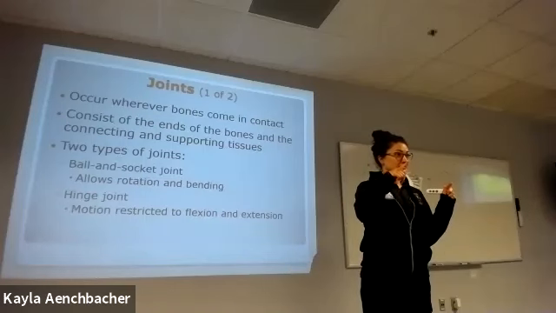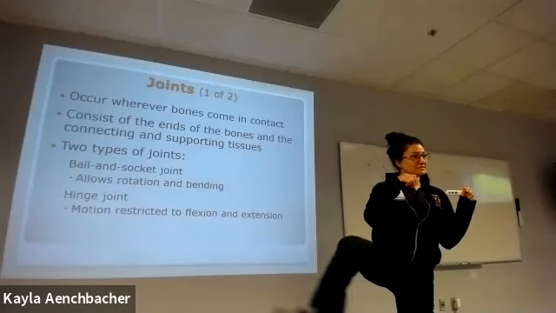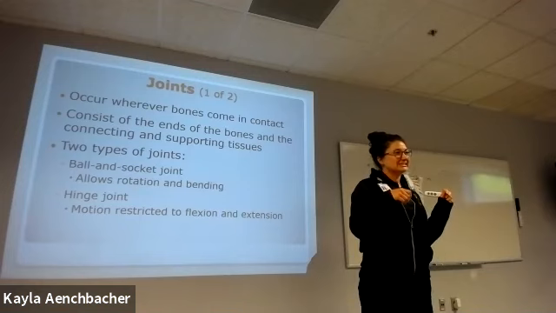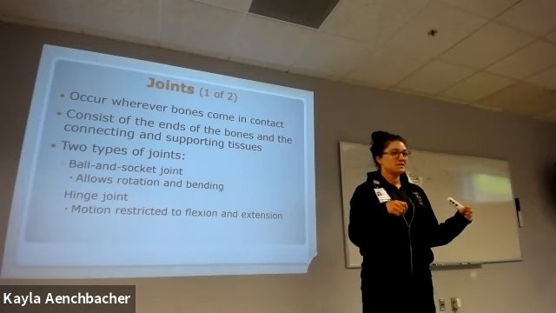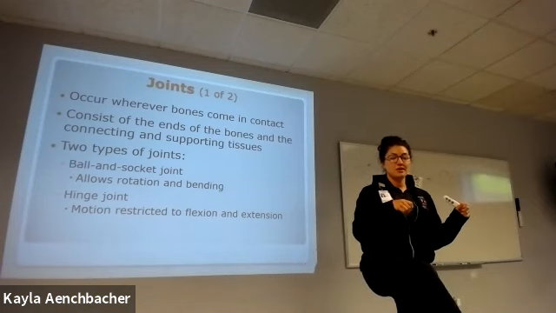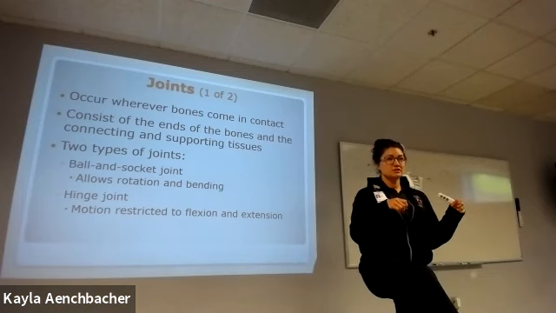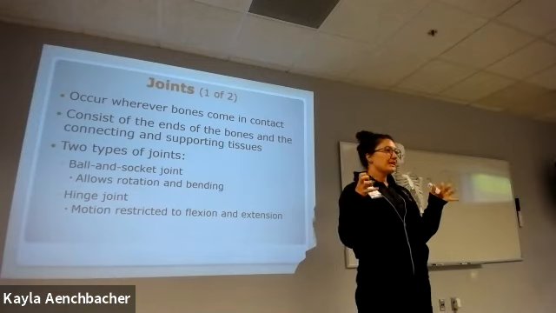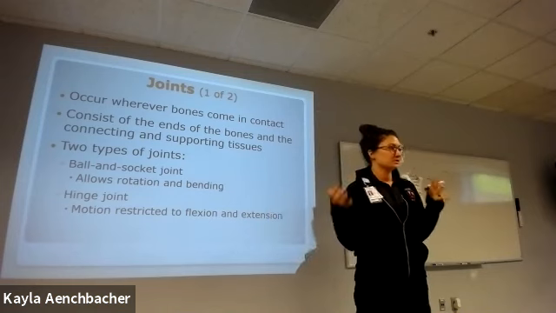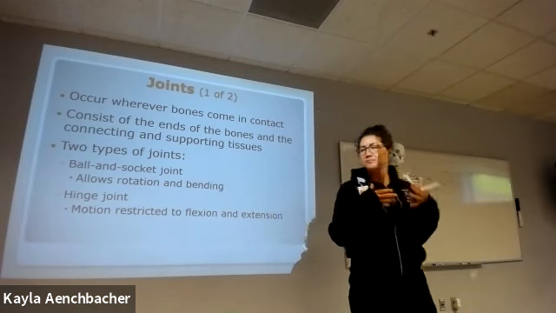What else? Knees and ankles, toes. All right, so anything that can bend or freely move like this is pretty much going to be where we have a joint, okay?